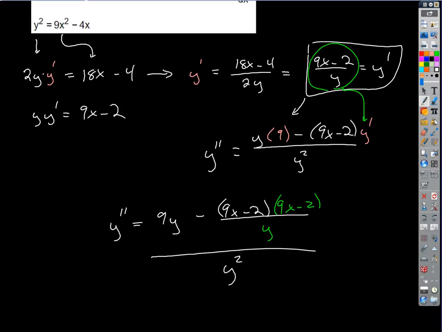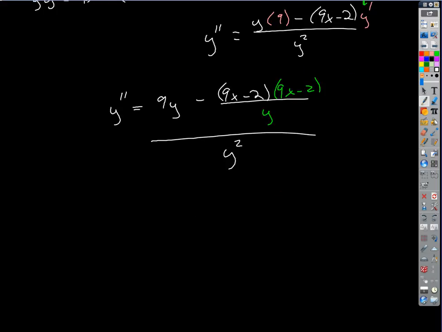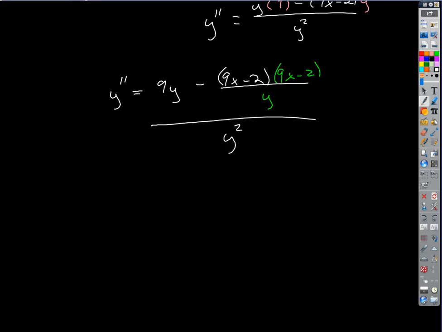The reason I'd say it's probably not that big a deal is we're going to end up getting stuck with at least one y in there anyway, so you might as well just leave them all. If you could have gotten rid of all of them, that would have been kind of cool, because then you could have had your answer in terms of a single variable. Okay, so now this is really just some algebra here.